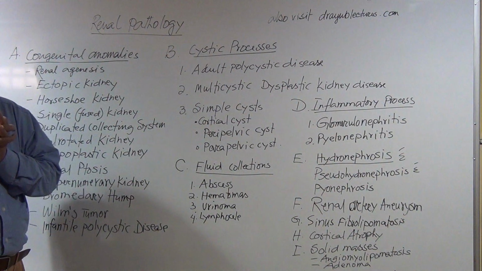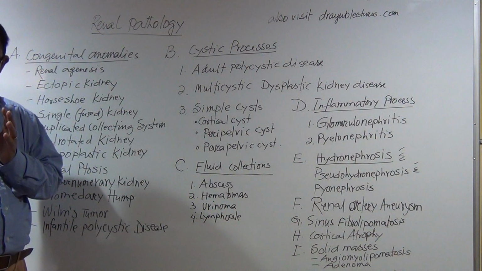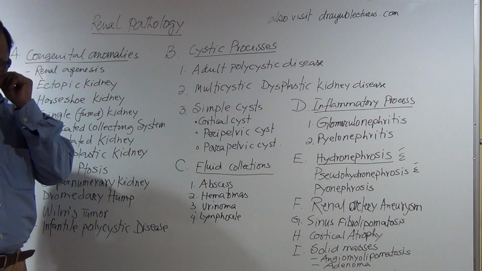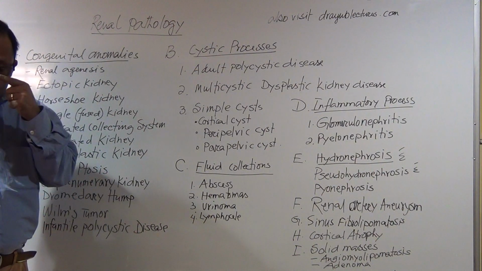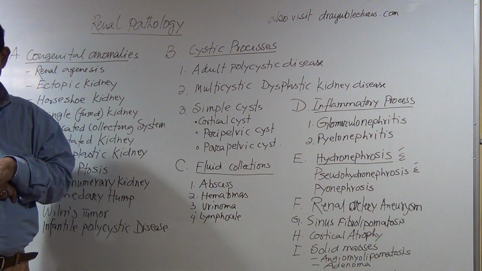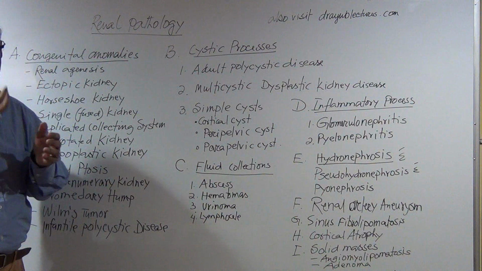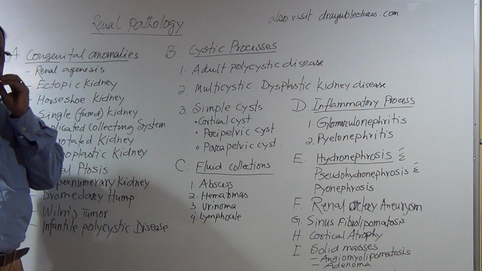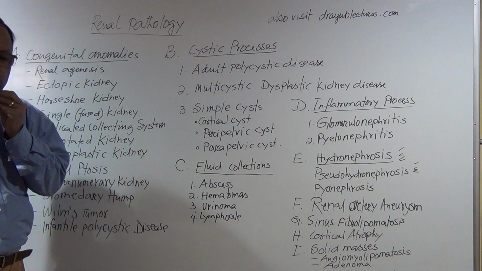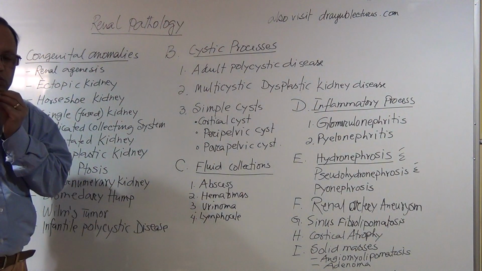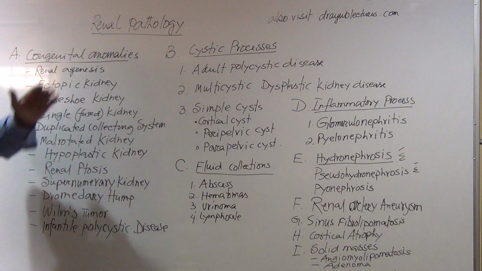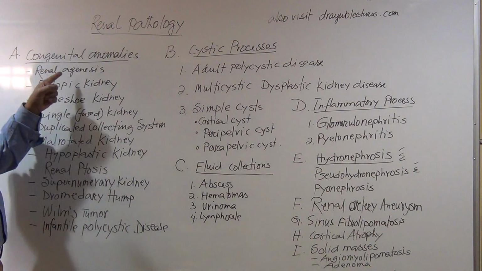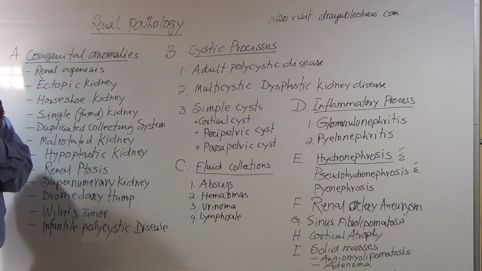The patient will have a flattened nose, low set ears, and the two eyes are more close, hypothyroidism, and a receding chin, means it will be like a small chin. So these are the features of complete agenesis of the kidney.